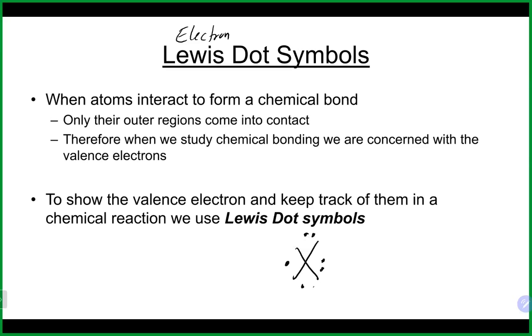There really is no big rule, except that usually you don't put more than 2 dots per side. Since there are 4 sides to each symbol, that's a maximum of how many dots? 8, and 8 valence electrons on the periodic table is our noble gases. And as we'll talk about, that is the purpose of all bonding: for everybody to achieve that noble gas configuration in terms of their electrons.